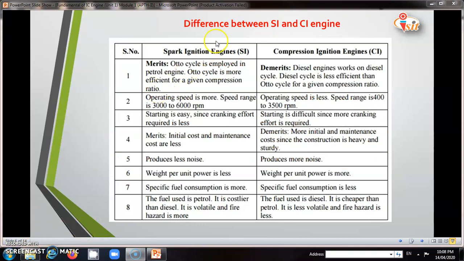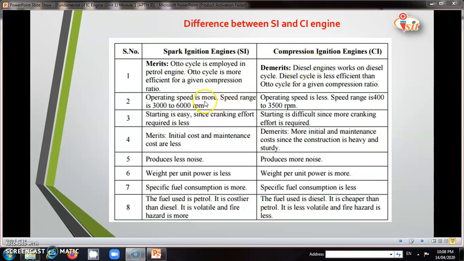The next point is the difference between SI engine and CI engine. SI engine is nothing but spark ignition engine, simply a petrol engine. The CI engine is the compression ignition engine, simply a diesel engine. The SI engine works on the Otto cycle and the CI engine works on the diesel cycle.